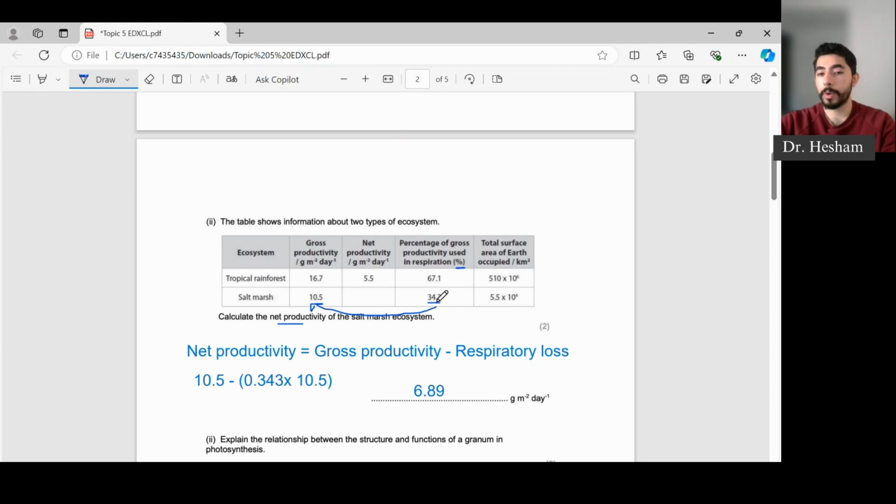So 34.3 divided by 100, which is 0.343, times 10.5 to find what part of the gross productivity is used in respiration. And that answer we subtracted from 10.5, which is the total gross productivity. And this will give us 6.89 grams per meter squared per day. So this is the net productivity.